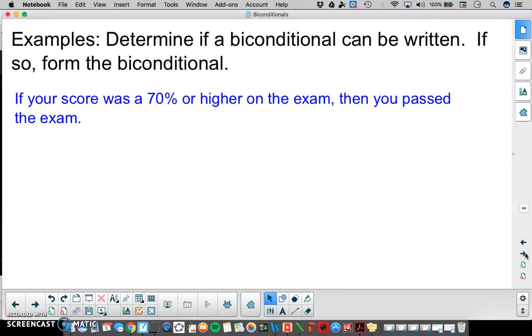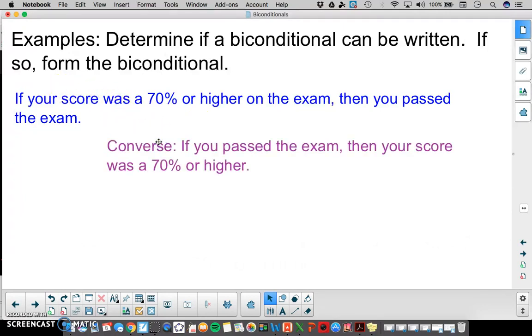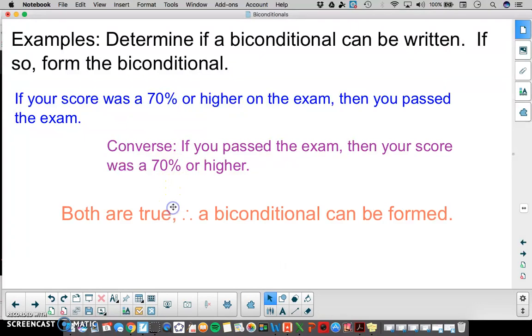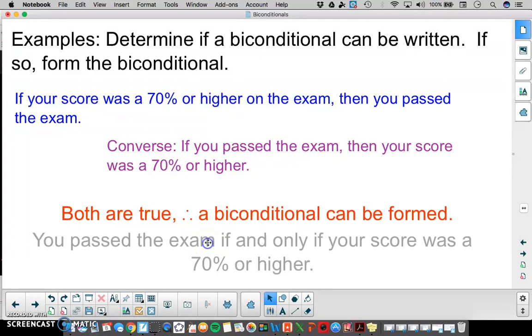Next we have if your score was a 70% or higher on the exam, then you passed the exam. This is our original conditional statement. Our converse is if you passed the exam, then your score was a 70% or higher. Both will be true, so a biconditional can be formed.